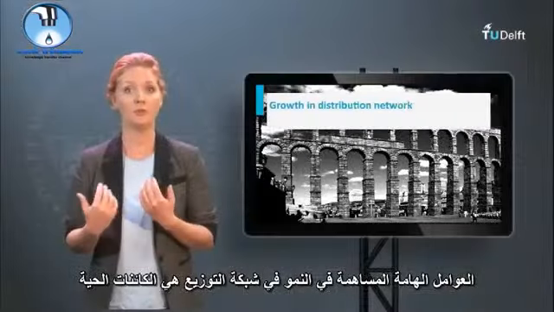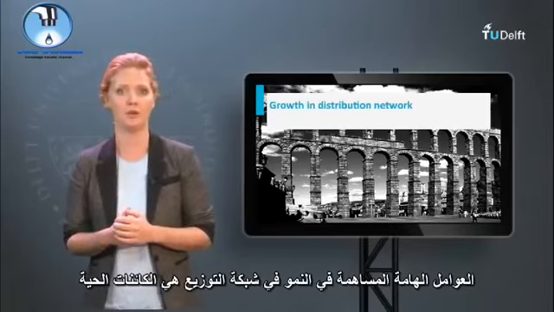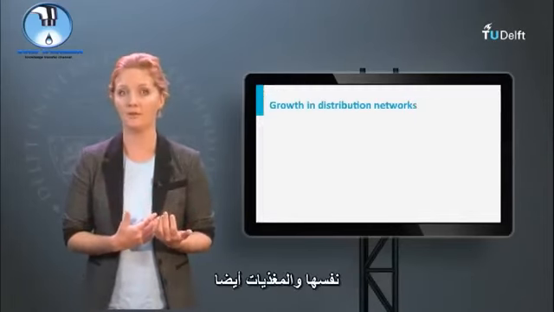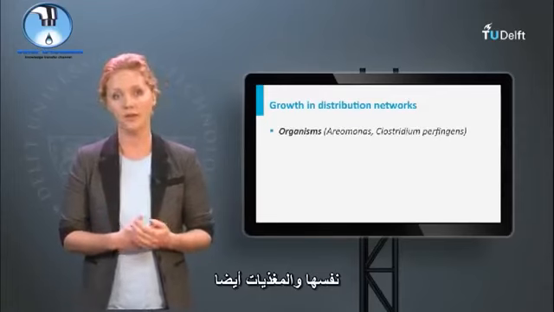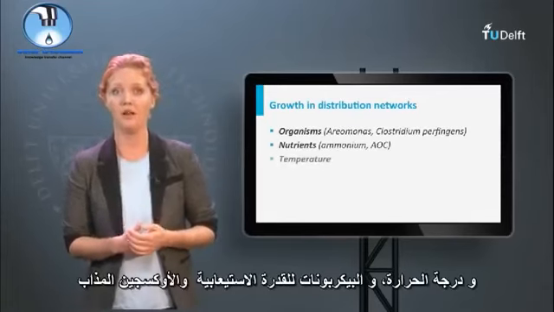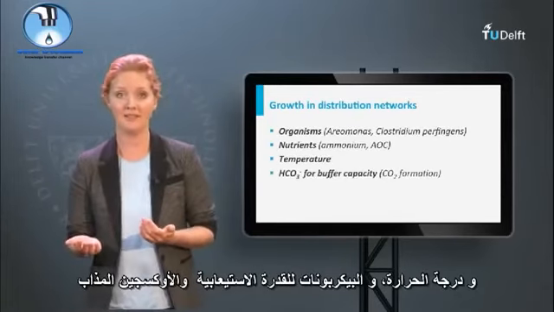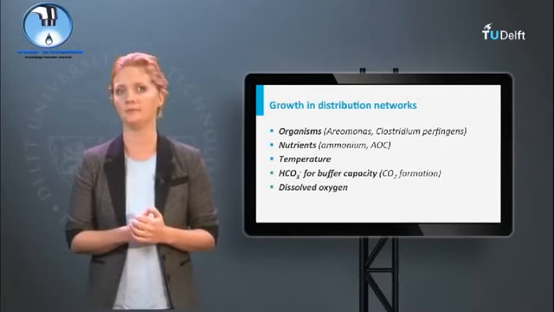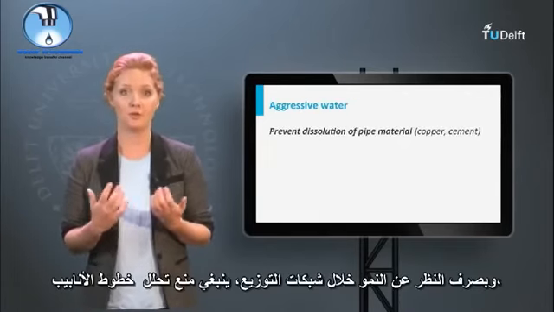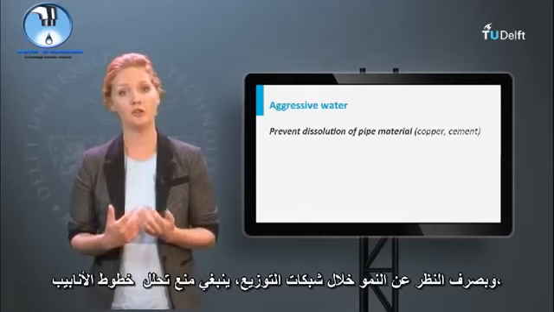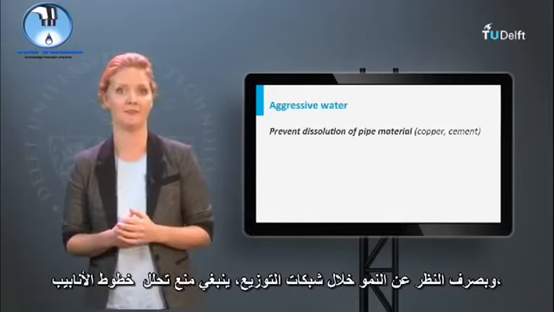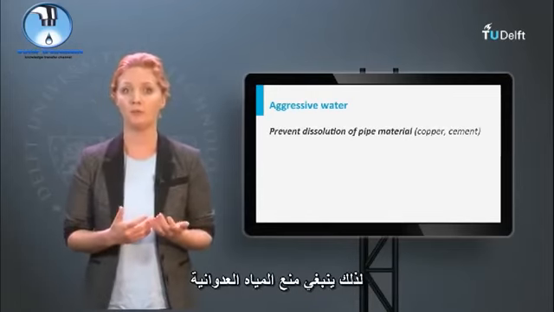Important parameters contributing to the growth in distribution networks are the organisms themselves, but also nutrients, temperature, bicarbonate for buffer capacity, and dissolved oxygen. Apart from growth during distribution, also dissolution of pipelines should be prevented. So aggressive water should be prevented.